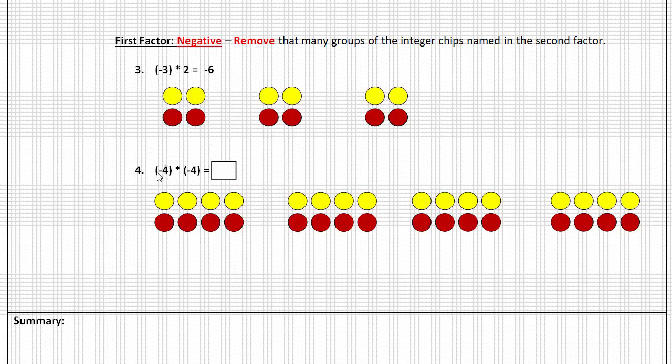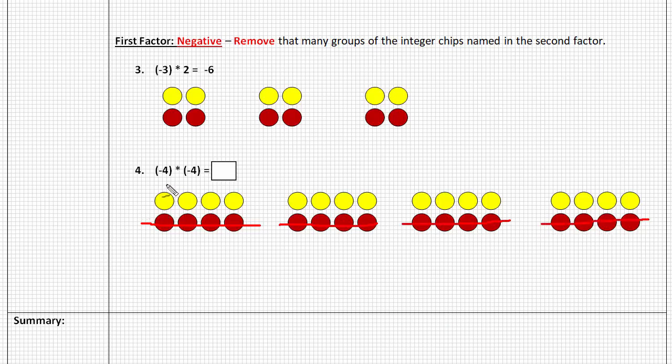I'm going to remove, since this is negative, 4 groups of negative 4. So we're going to cross out 4 groups of negative 4. So here's 1 group of negatives I can get rid of, 2 groups of negative 4, 3 groups of negative 4, 4 groups of negative 4.